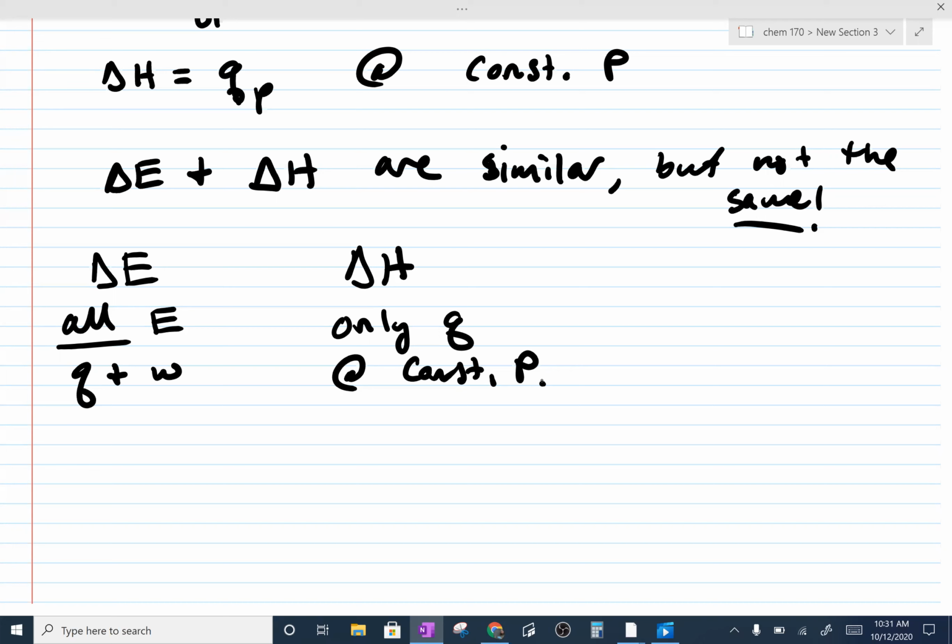So essentially, every single chemical reaction, unless you're doing a reaction inside a bomb calorimeter, will have a constant pressure associated with it, which makes this such an easy thing to talk about. So under most conditions, any type of chemical reaction that you will do will be constant pressure. And therefore, you can say that delta H is equal to Q.